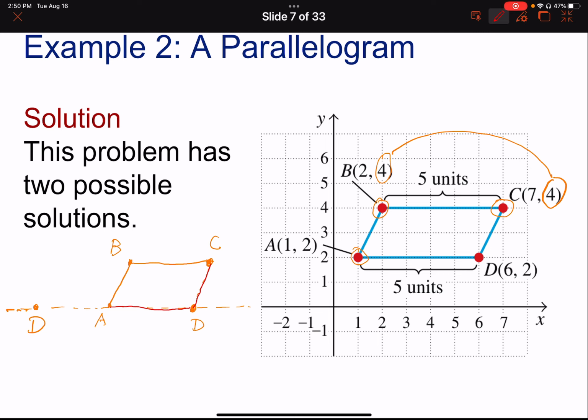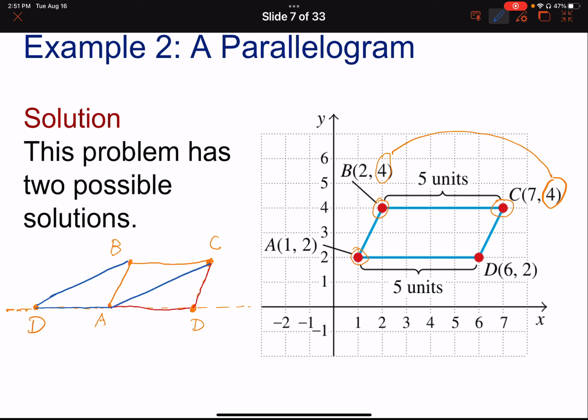Then you are looking at this. Because A, B, C are fixed, and DA has to be parallel to BC, in this case you are looking at that.